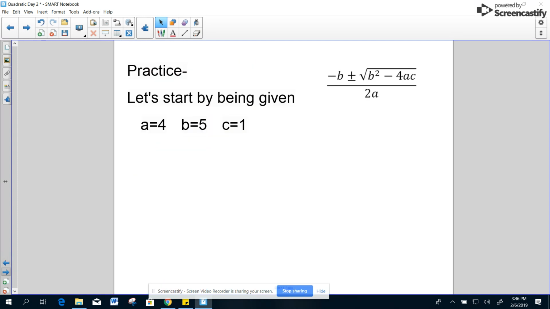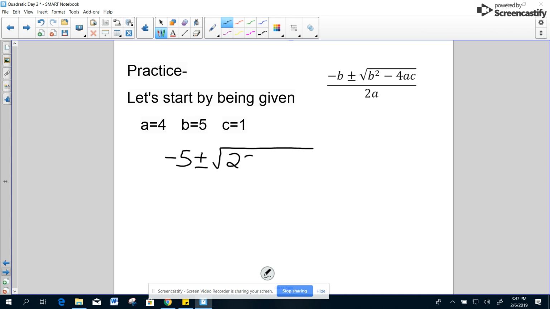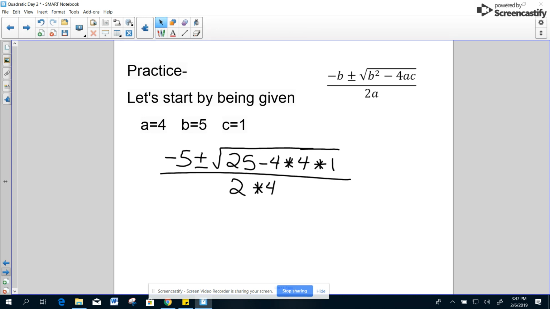Our practice problem gives us A, B, and C. We need to properly place it into the quadratic formula. Notice that we start with the opposite of B. I now have everything in its proper place.